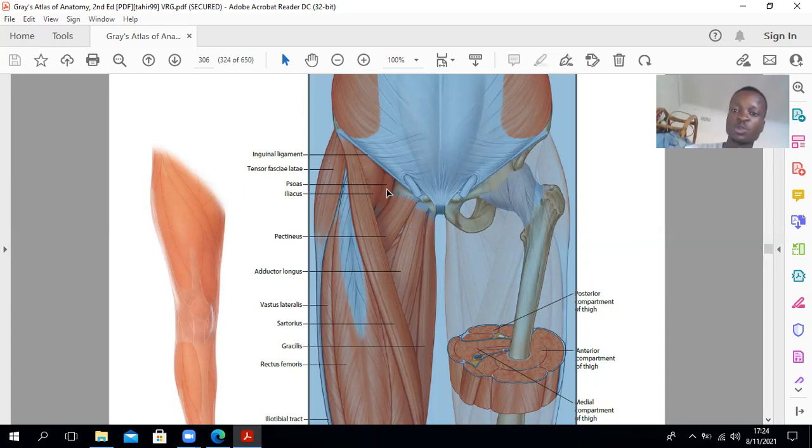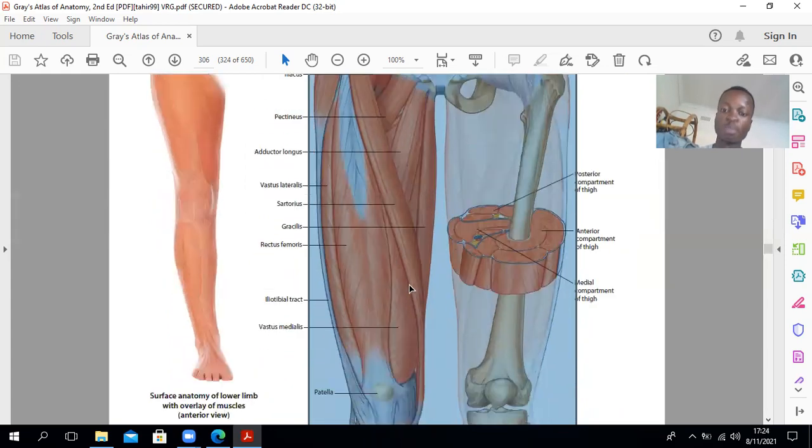The psoas major is also coming from the posterior abdominal wall, and they both insert via an iliopsoas tendon onto the lesser trochanter of the femur. Right. Then other muscles that you expect to see on the anterior aspect, this is now the adductor muscle, the adductor longus. It's the muscle of the medial compartment.